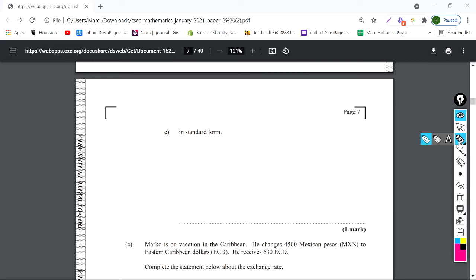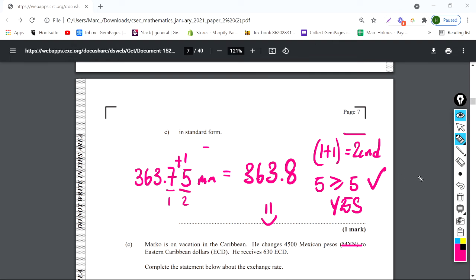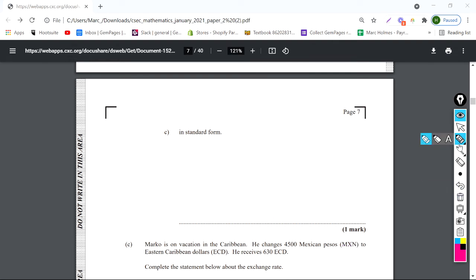Remember it's the same thing, we need to change 363.75 to standard form, guys. How do we put it in standard form? Remember, for standard form, you want the number between 1 and 10. So we need this number, 363.75, to be between 1 and 10.